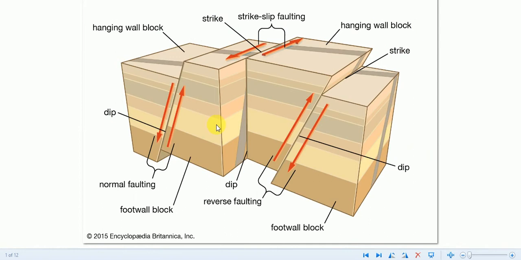These are the different types of sliding of the rocks, different types of faulting process. See here, this is the one which I have drawn earlier, normal faulting process.